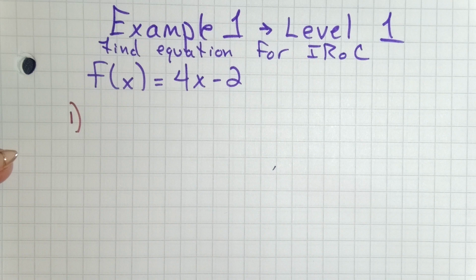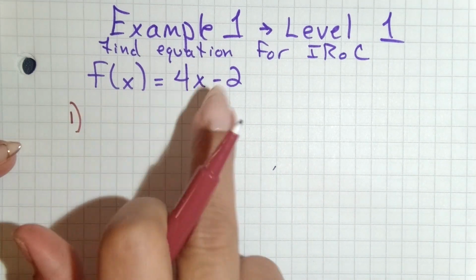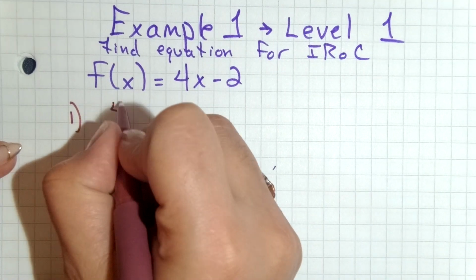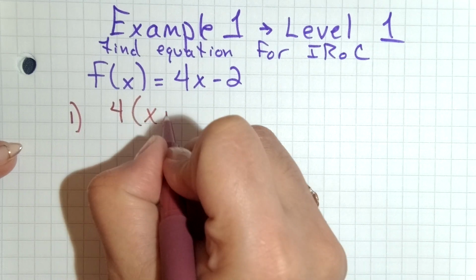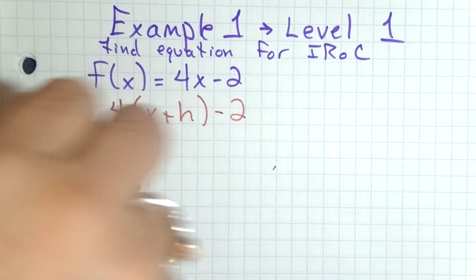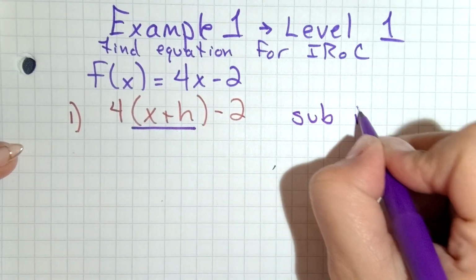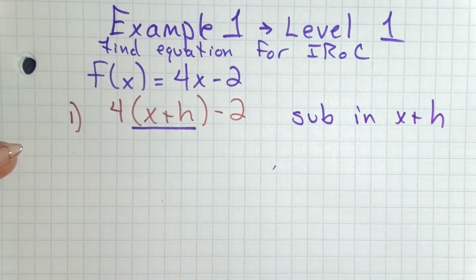X plus h for every x. So how many x's do I have here? 1. So it's going to be 4 times the quantity x plus h. So I'm subbing in x plus h. Questions?